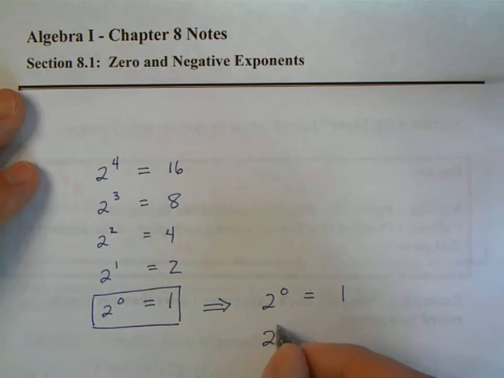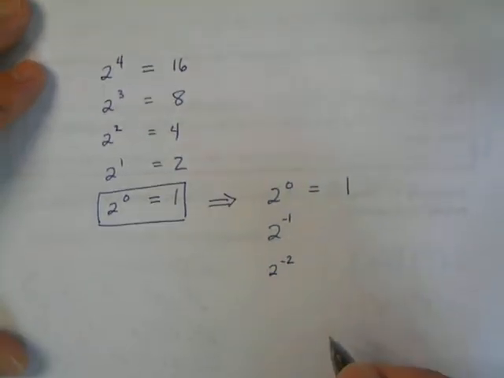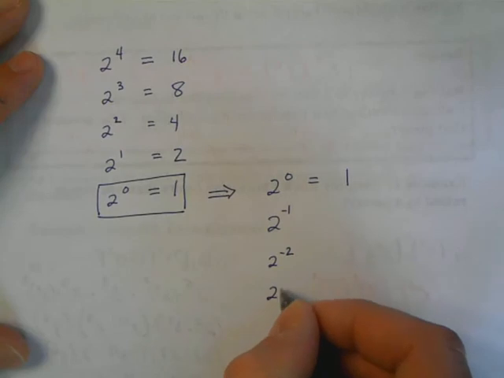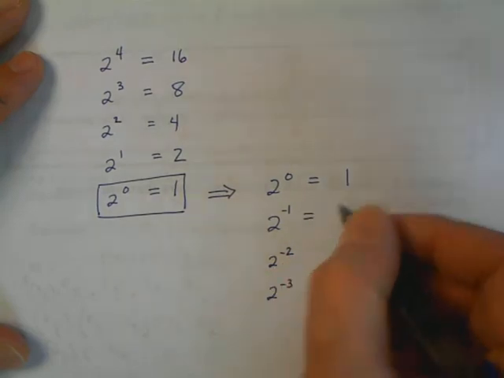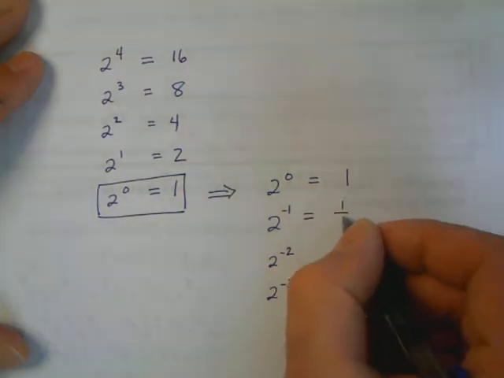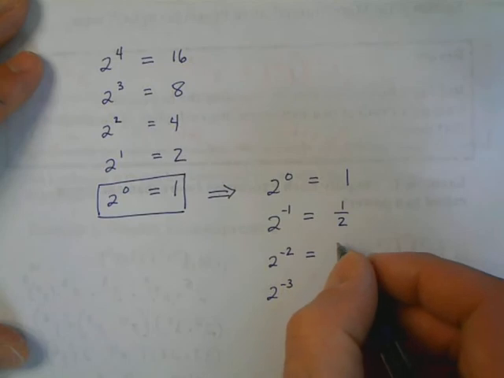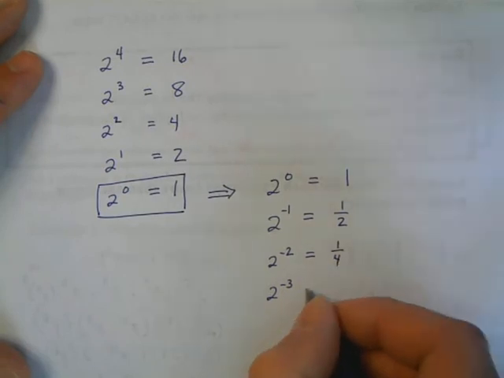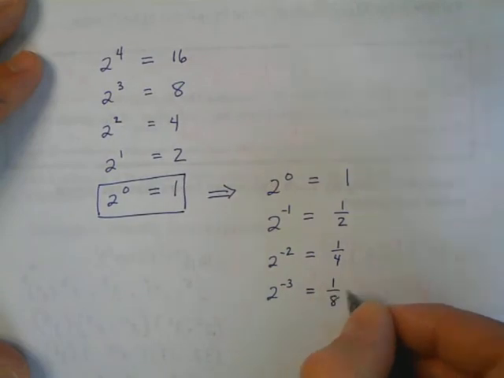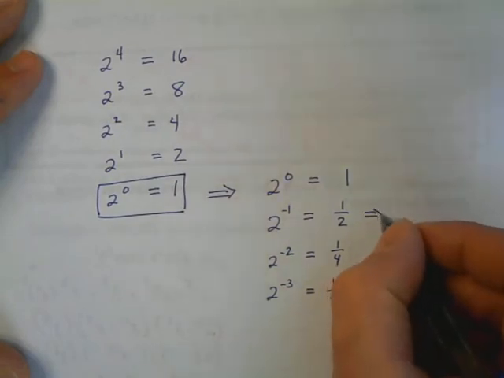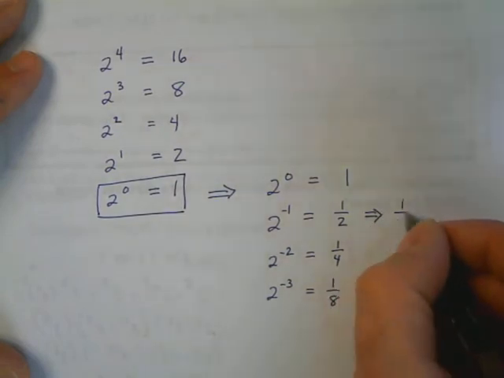Now, if we continue this pattern down, the next exponent down is negative 1, then negative 2, and so on and so forth. And so if we just look at our pattern, let's continue to divide by 2. That's 1/2, and half of a cup of flour, half of a cup is 1/4.